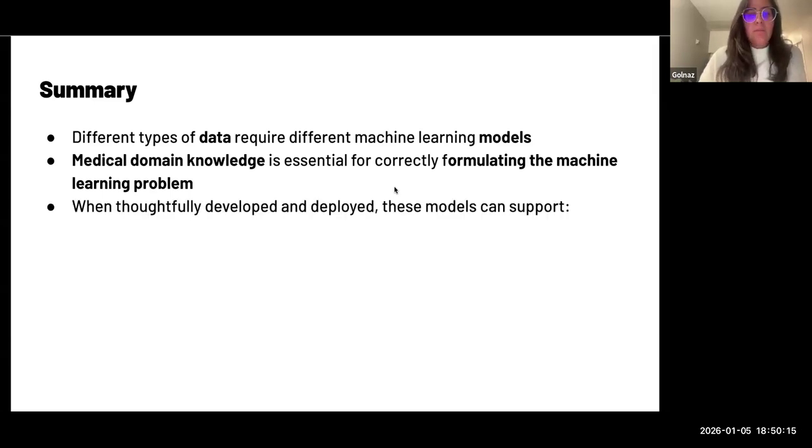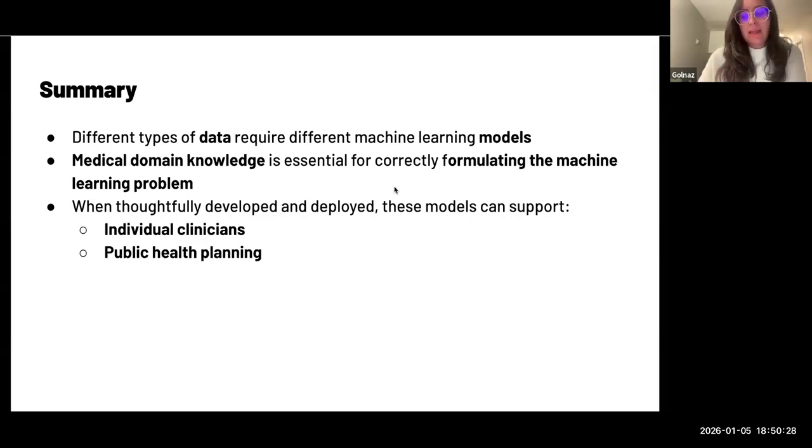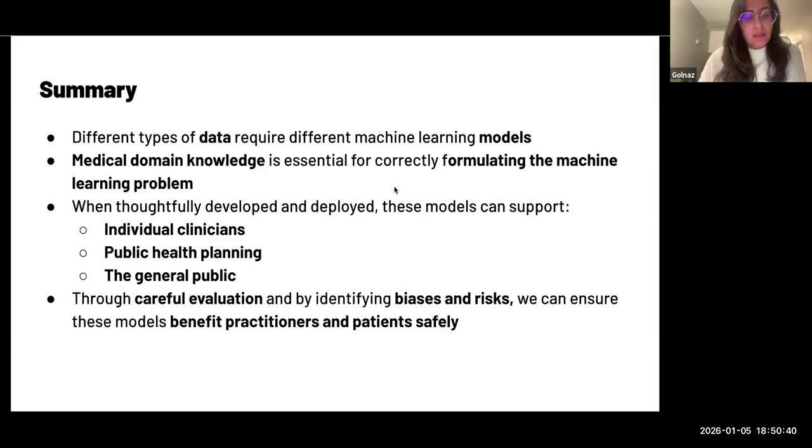And then once you do that, these models can help with individual clinicians in making decisions, in general, in public health planning, in making big decisions about the next step, about taking action, and then also with the general public, for making their lives easier, hopefully.